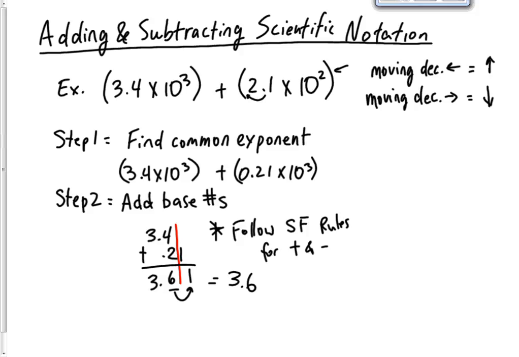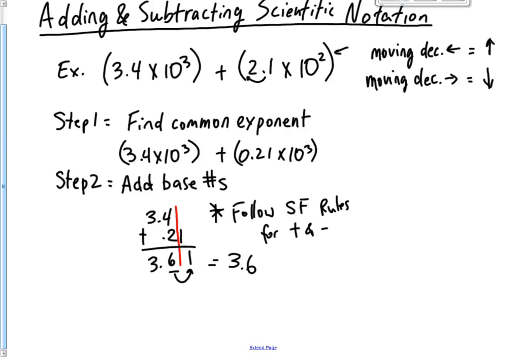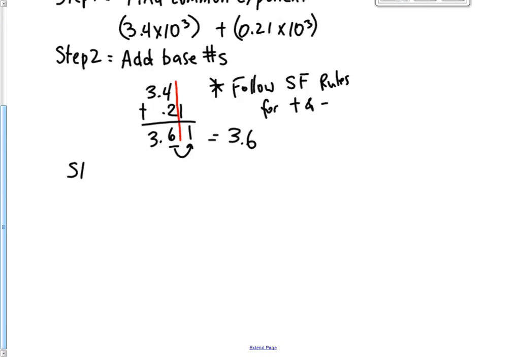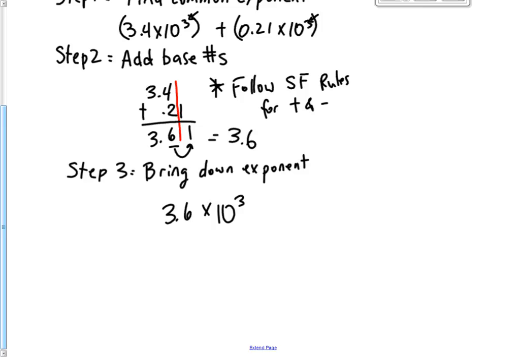Now, step number 3. We are going to bring down the exponent. If you remember, we changed our exponent in both numbers to 3. So 3.6 is our base number, and our exponent is 3.